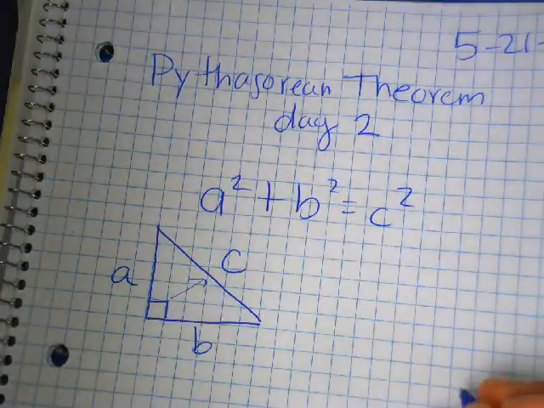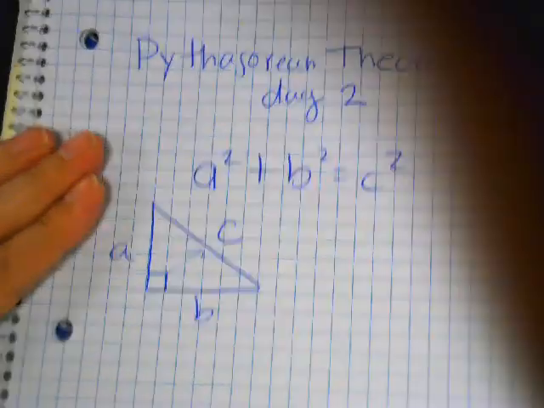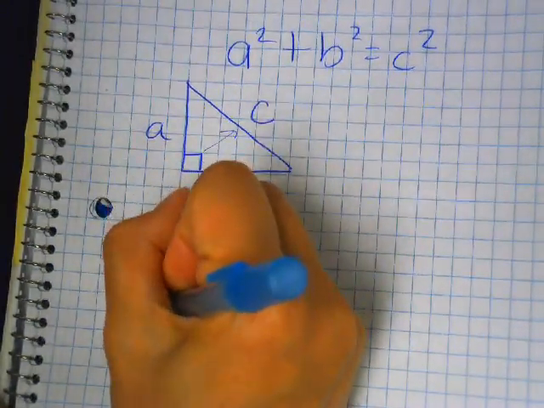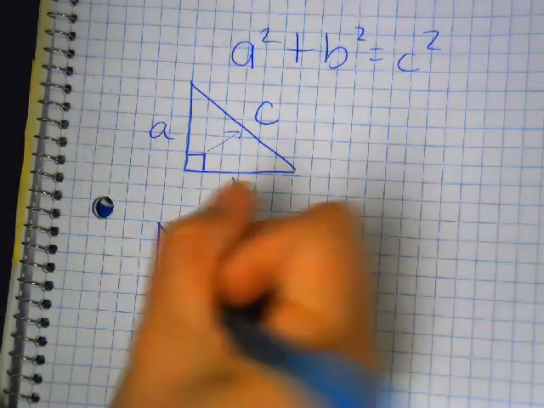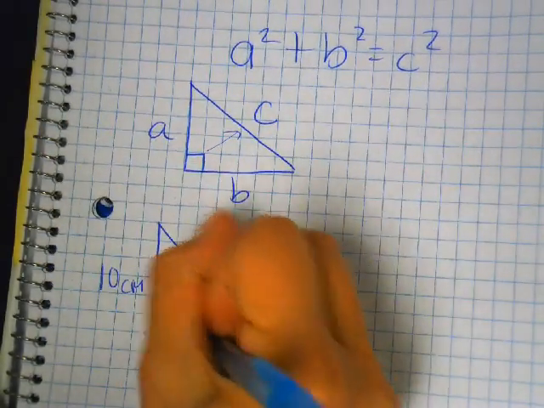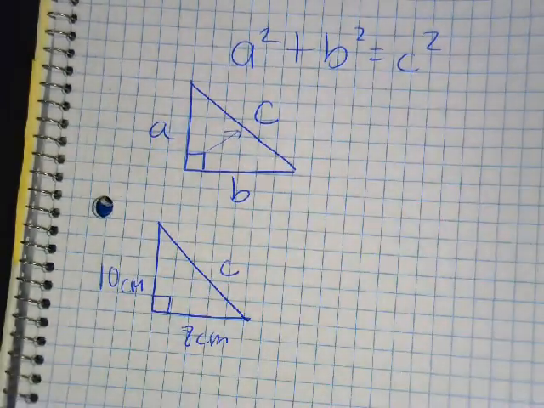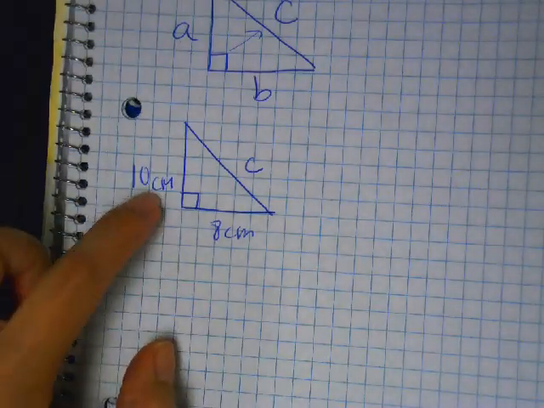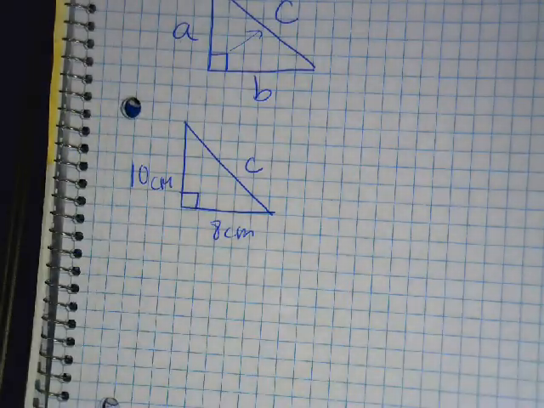All right. So now let's do a problem. Very similar to yesterday, but there is one major difference. So this is going to be 10 centimeters, 8 centimeters, and C. So we are again solving for C. So here's my brand new triangle.